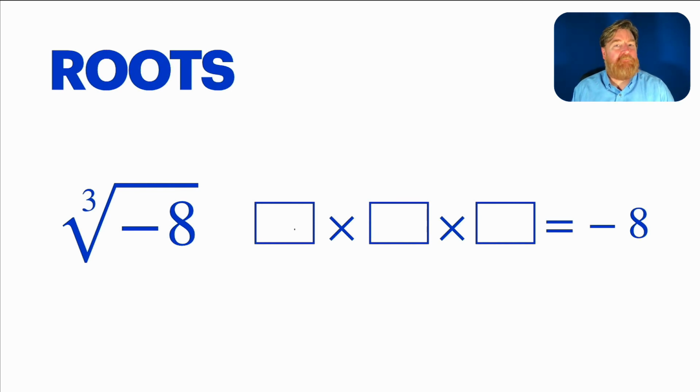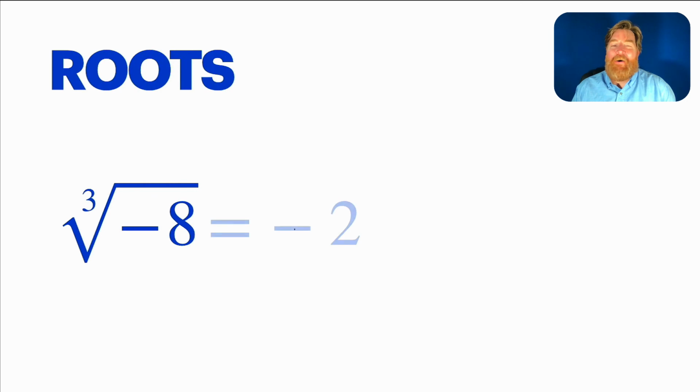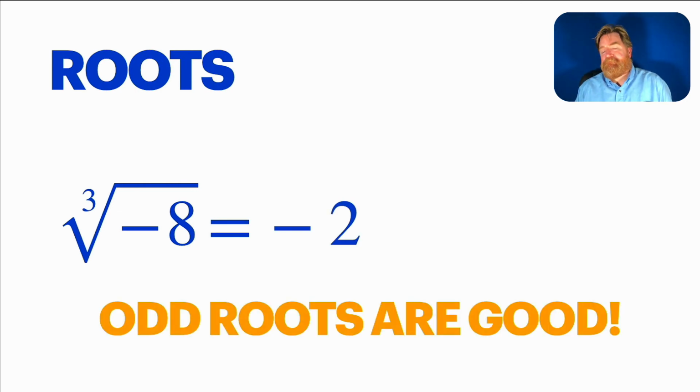And this time, because it's an odd number of factors, the -2 gets us where we want to go, doesn't it? -2 times -2, that's 4, times another -2 gives us negative 8. So odd roots, they're all good. You don't have to worry about a negative under there. Cube root of -8 is -2.